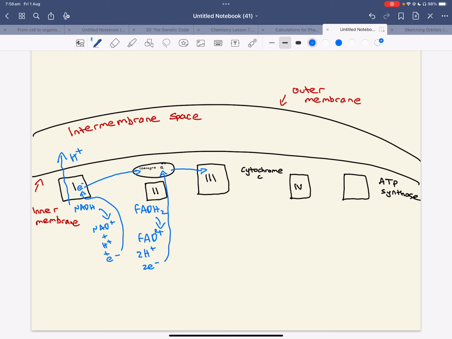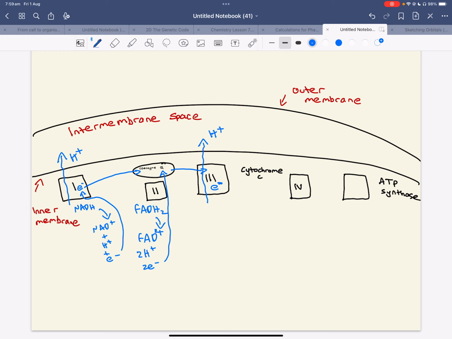And in complex 3, it's similar to complex 1, where these electrons supercharge complex 3, and complex 3 can act as a pump and pump H plus into the intermembrane space. Now the concentration of H plus is increasing in the intermembrane space. Okay?